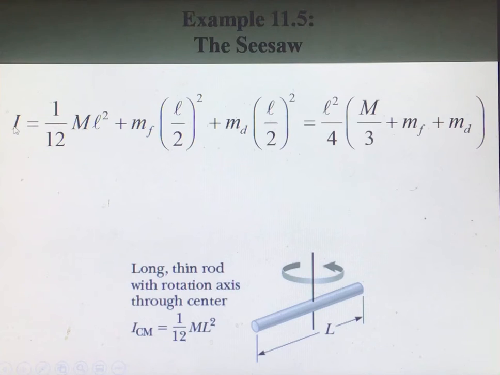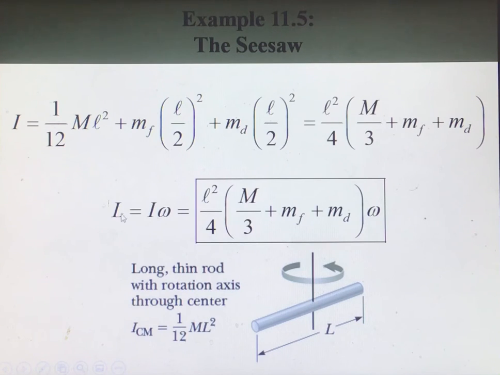The total moment of inertia I is the moment of inertia of the thin rod plus the moment of inertia of the father, which is the mass of the father times (L/2) squared, plus the moment of inertia of the daughter, which is the mass of the daughter times (L/2) squared, and all of this is equal to this quantity right here. Now I can calculate my L as I times omega, which is given by this expression right here. So just multiply the I value by omega.